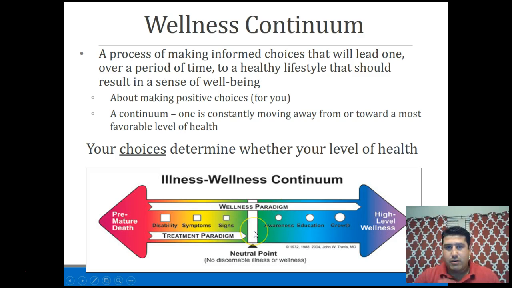And so again, you're at neutral point. You really haven't had a chance up until this point to really start thinking about how you want to live your life and be committed to a lifestyle that you feel is best for you. Okay, and you see the first point, awareness. That's where this class is coming in. That's how this class is beneficial.